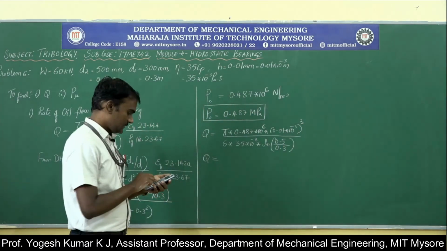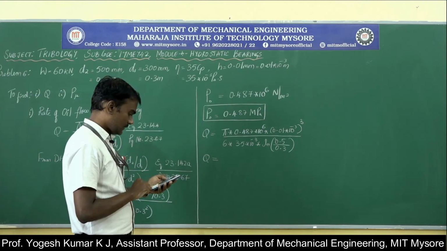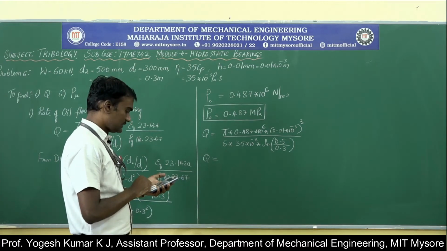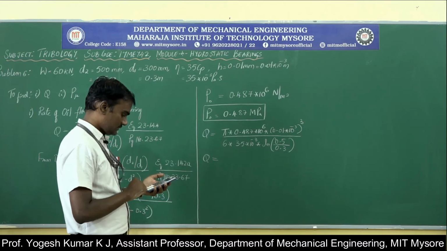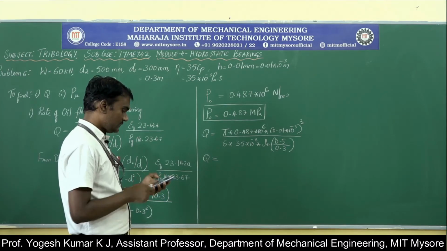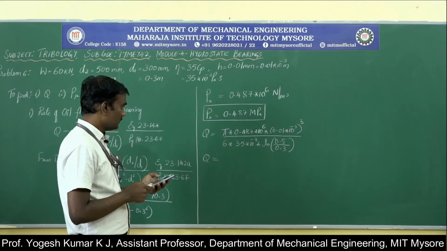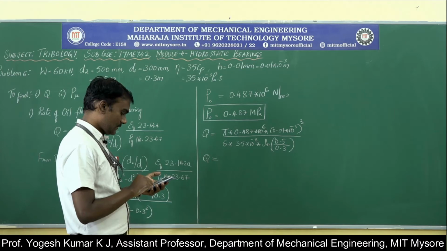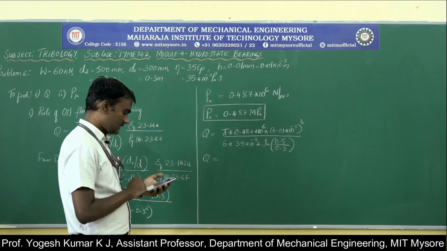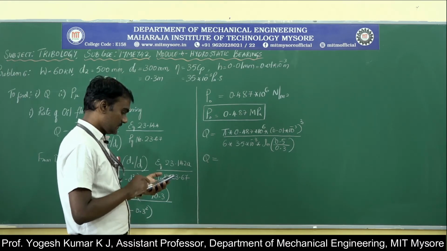So I was just worried what this value is. Pi into 0.487 E6 into 0.01 E minus 3 cube, divided by 6 into 35 E minus 3, divided by natural log of 0.5 divided by 0.3.